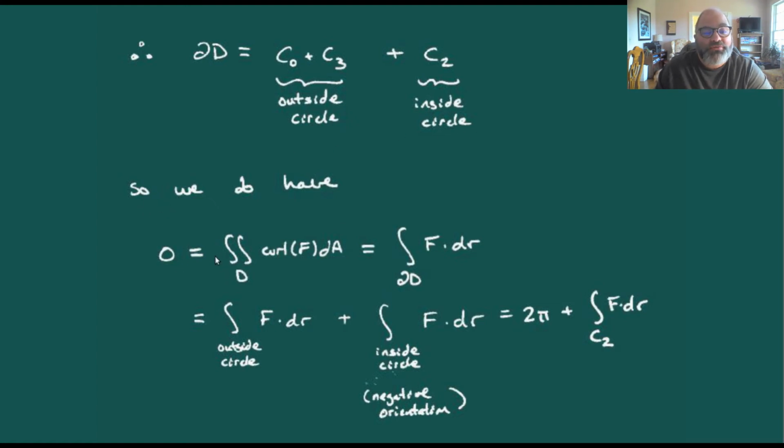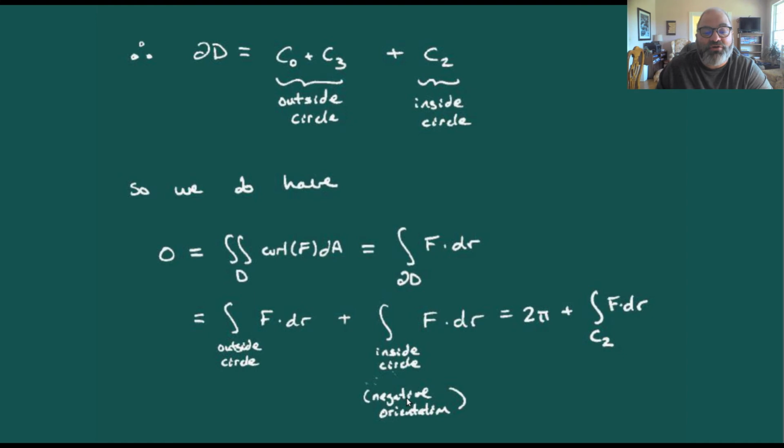So what we actually do have is the integral of the curl. We calculated that curl, it was 0, so this gave us 0. This was equal to our integral over the boundary of F dot dr. We split that up into two separate integrals: the integral for the outside circle plus the integral for the inside circle.